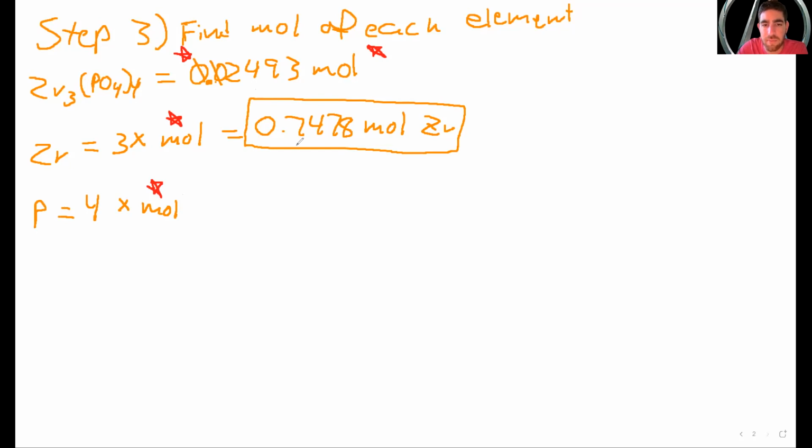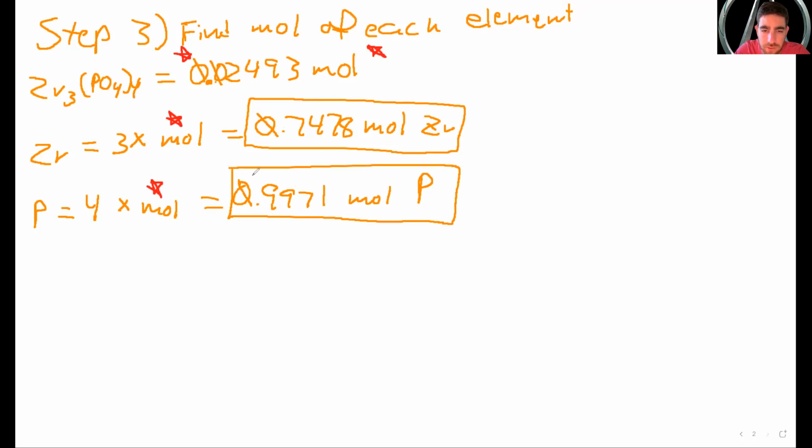Each one has that many moles. And so that gives us 0.9971 moles of phosphorus. I'll put those slashes in there so you know they're zeros, not O's.